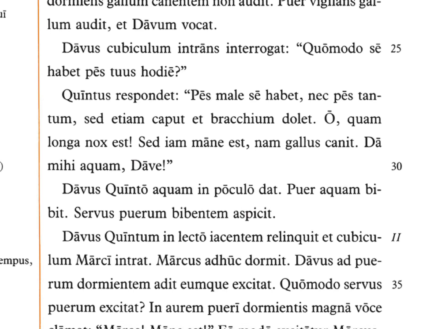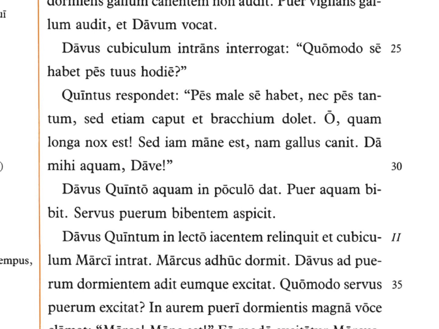Puer aquam bibit, the boy drinks the water. Servus puerum bibentem aspicit. All right, now look at that sentence. See if you can notice a present participle there. So hopefully you notice bibentem with the nt, and then it also has a third declension ending, em, for the accusative ending. So present participles like this, again, translate with ing in English.